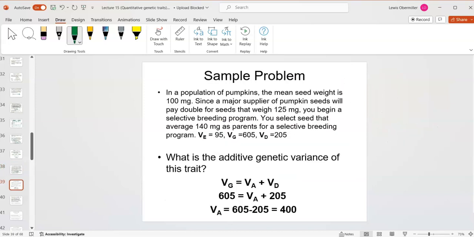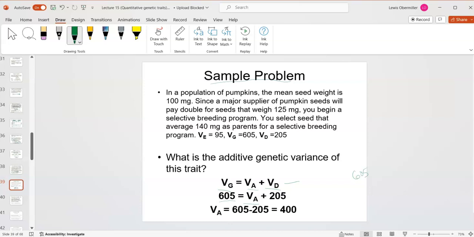Okay, so here's a sample problem, and there are some problems like this in your problem sets. Genetic variance is additive plus dominance. So let's say I give you that genetic variance is 605, and I want you to solve for the additive variance.